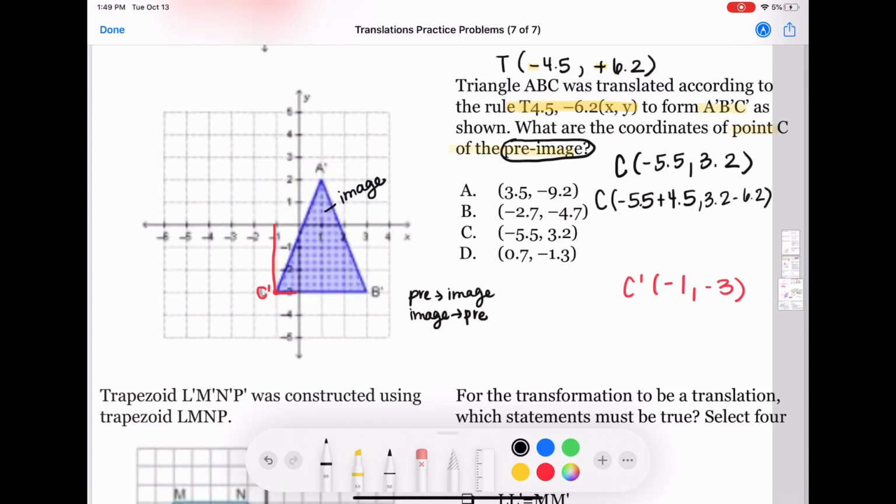Well, if we take -5.5 and add 4.5, we do in fact get -1. And if we take 3.2 and subtract 6.2, we do in fact get -3. Therefore, we have successfully gotten our pre-image coordinates in order to arrive at our image coordinates. Therefore, C is our answer.